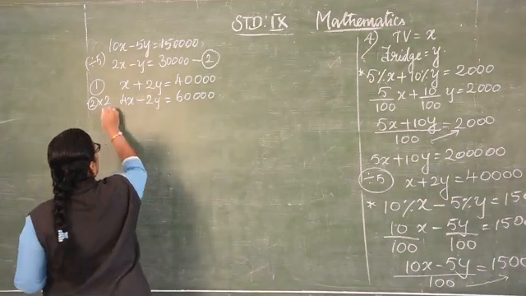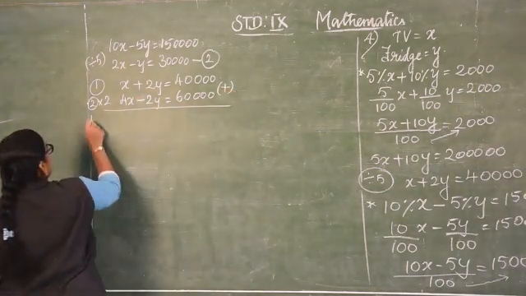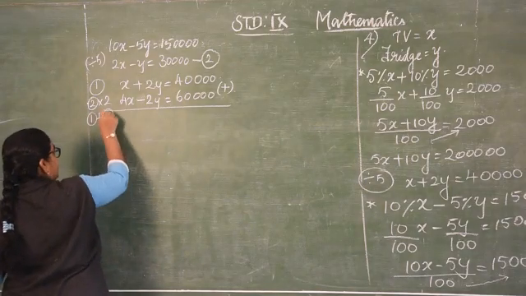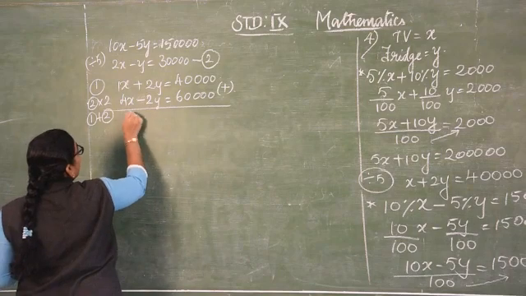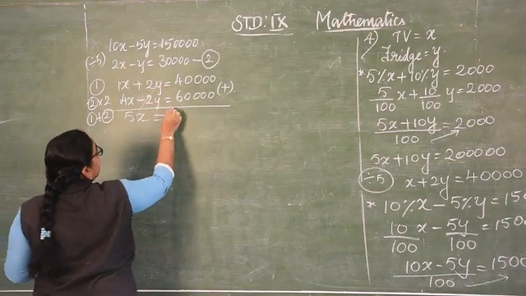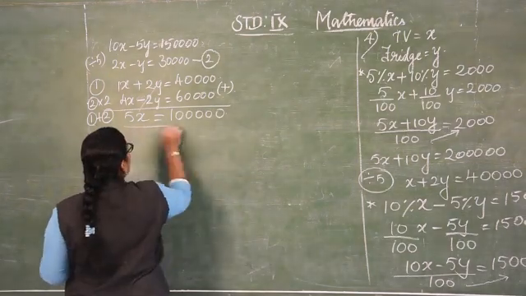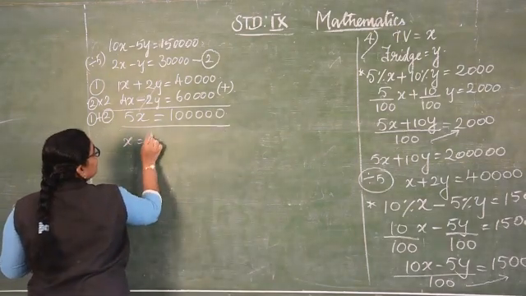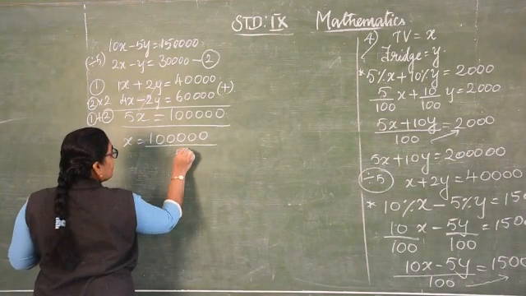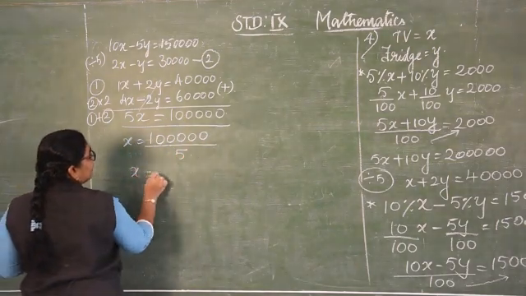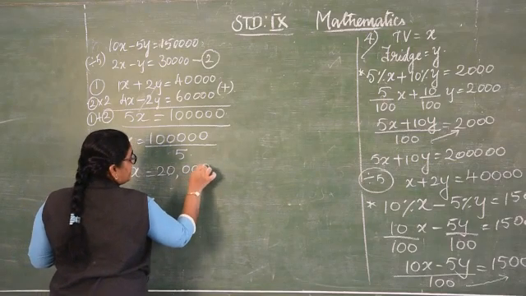Both the symbols are different and coefficients are same, so we are adding. So 1 plus 4, 5x is equal to 1 lakh, and x is equal to 1 lakh by 5. So x is equal to, after cancellation, you are getting 20,000.